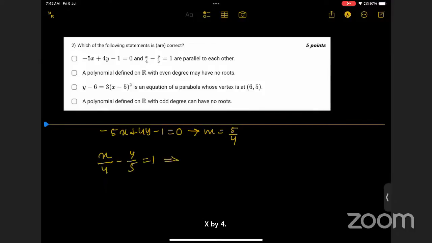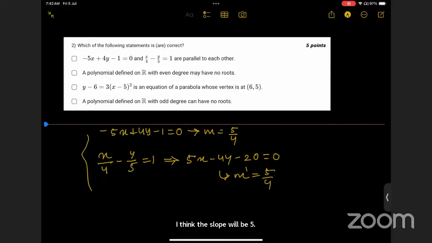We can simplify this, right? So it will be 5x minus 4y minus 20 equals 0. So for this, the slope will be 5 by 4. And for both equations, the slope is same. Hence, the lines are parallel, right? So option 1 is correct.